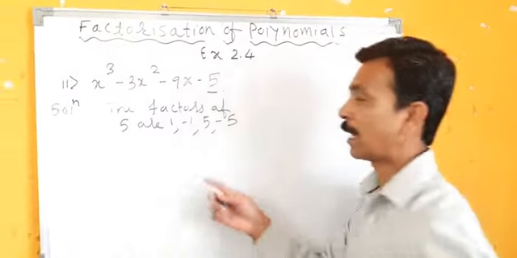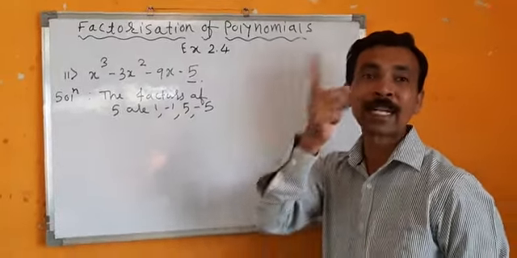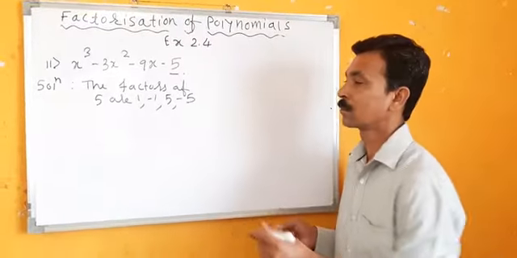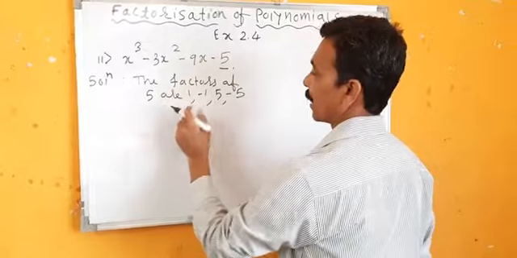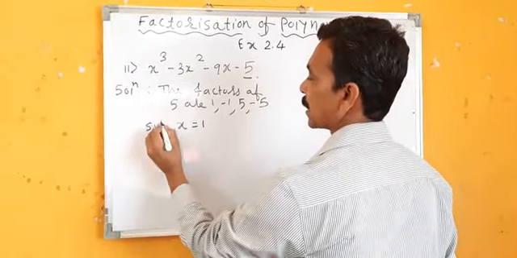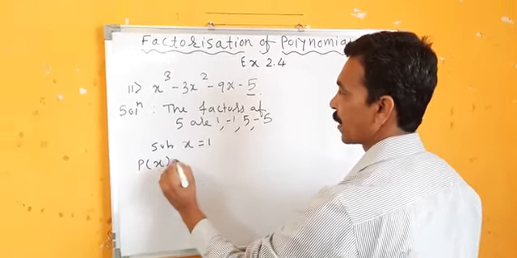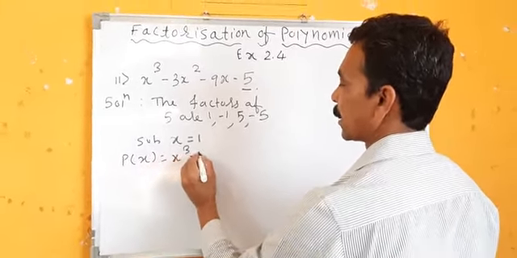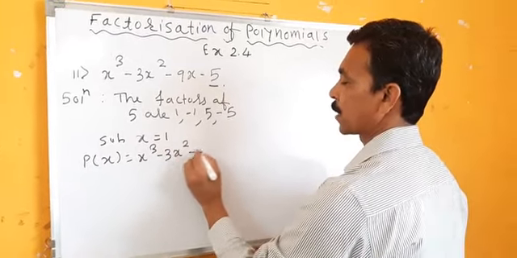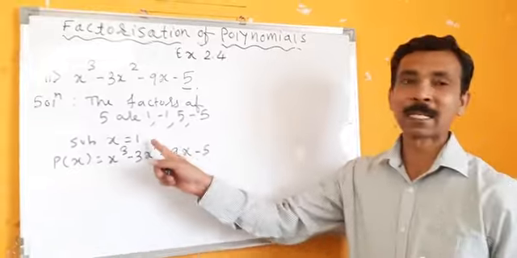Right? Now what I'll do, I'll put the values in P of x till I get the remainder 0. Now we'll take the value of x as 1. Substitute x is equal to 1 in P of x. P of x is equal to x cube minus 3x square minus 9x minus 5. And place the value.